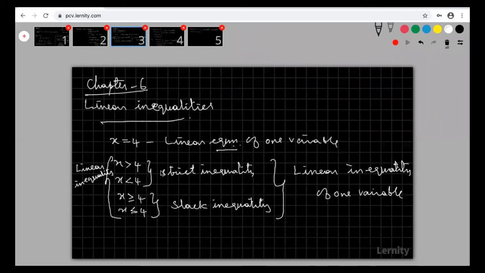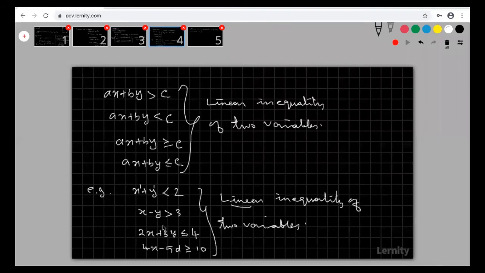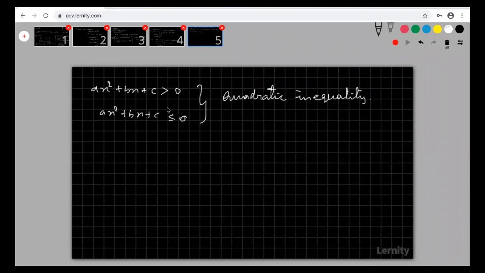These two are examples of quadratic inequality, but we are not going to discuss anything about quadratic inequality in this chapter because our chapter name is only linear inequality. We are going to discuss only linear inequality of one variable and two variables.